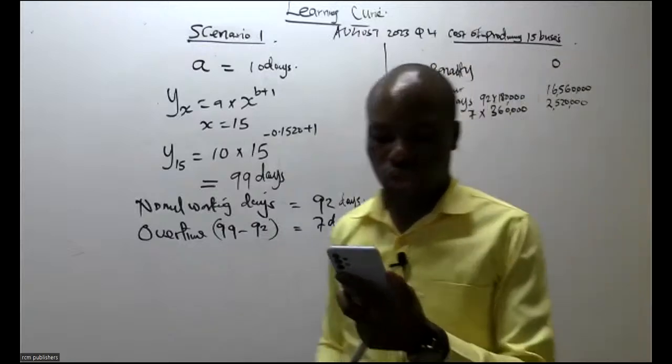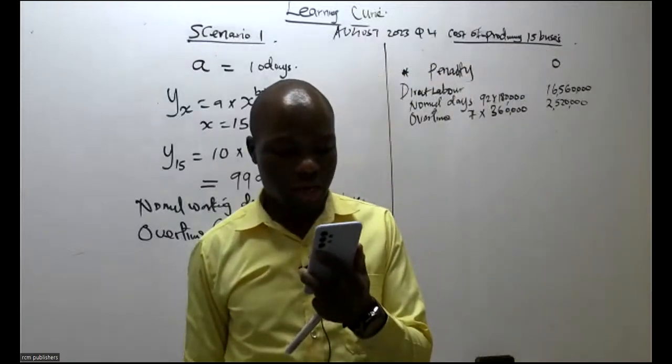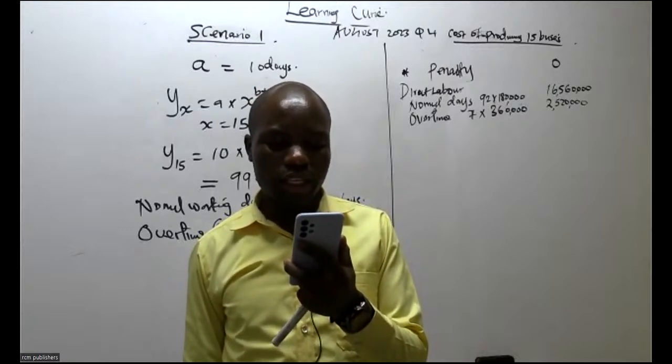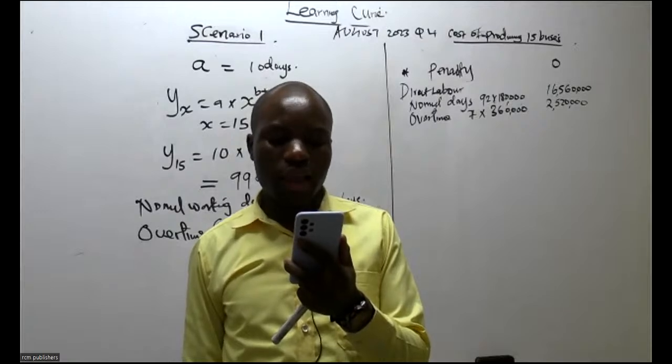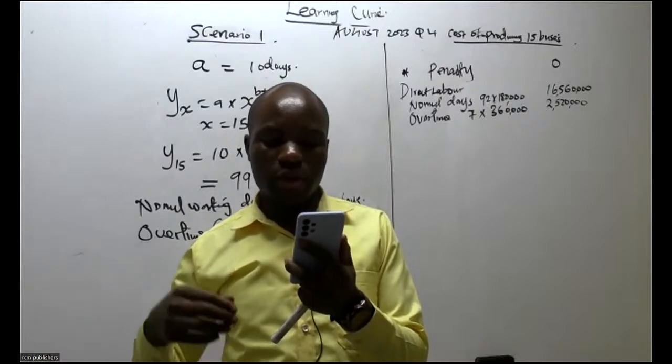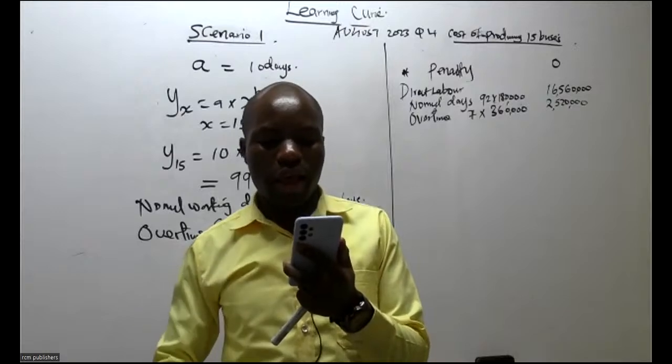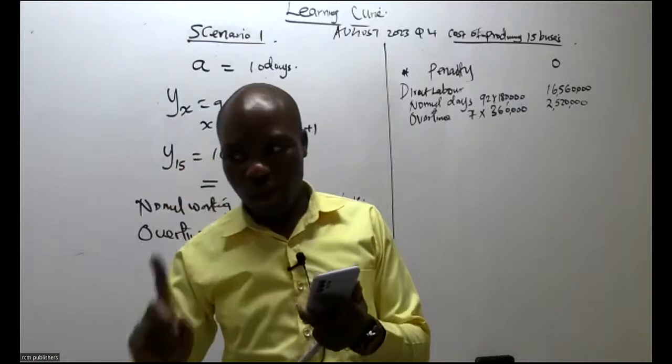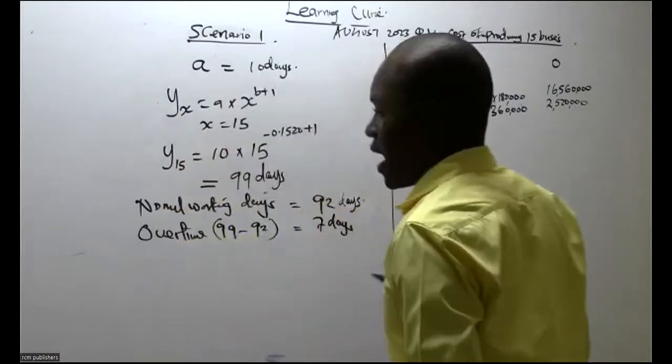Great. So let's go to additional information number 5. Overheads will be allocated to the special order at the rate of 30,000 per normal working day, and no overheads will be allocated for overtime working.